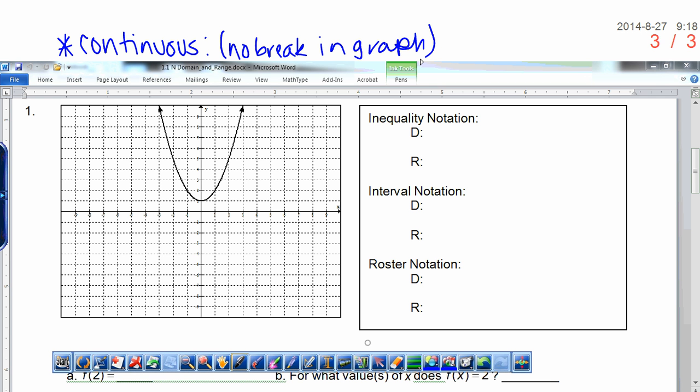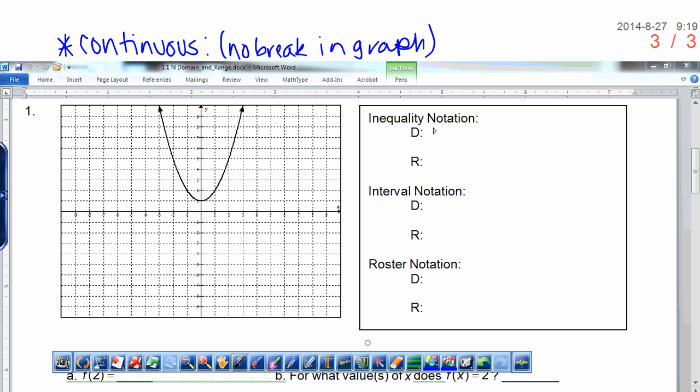All right, so let's talk about the domain of this graph. Remember, domain means all the possible x values. So what's the domain of this graph? All real numbers. This graph never stops on the left or the right. The way we could write that in inequality notation, remember inequality normally means less than and greater than, but we're not going to use infinities in our less than and greater than.